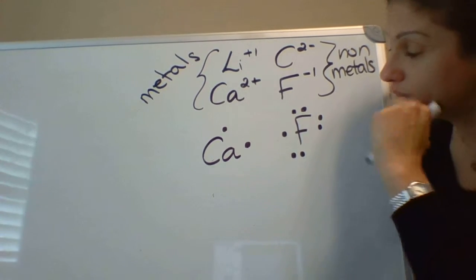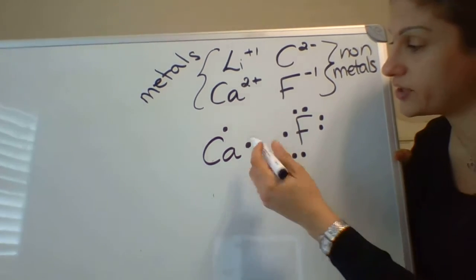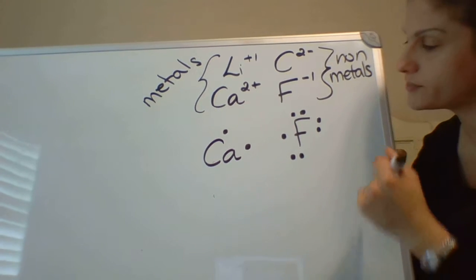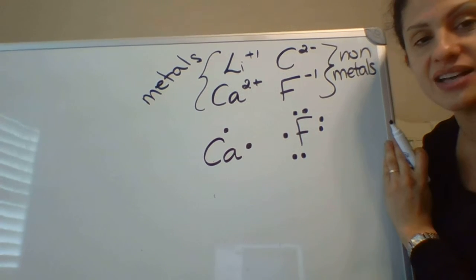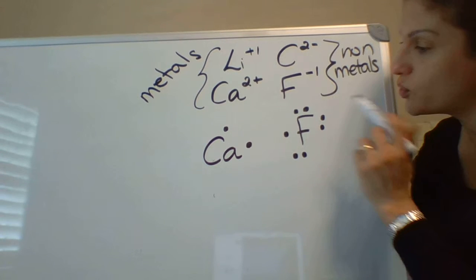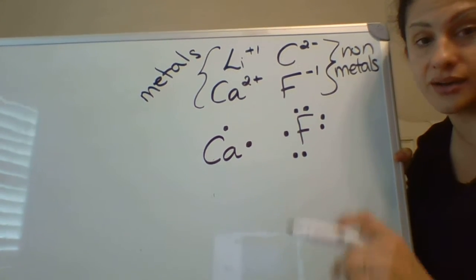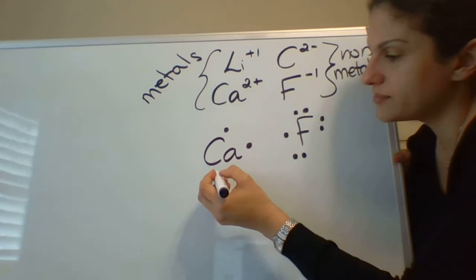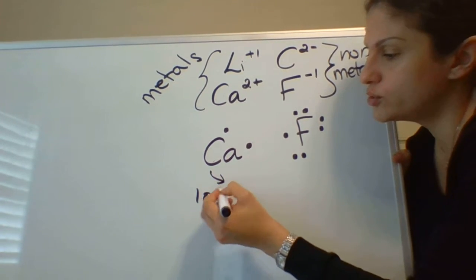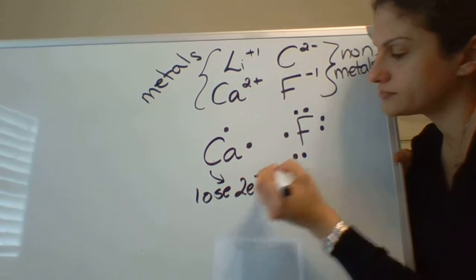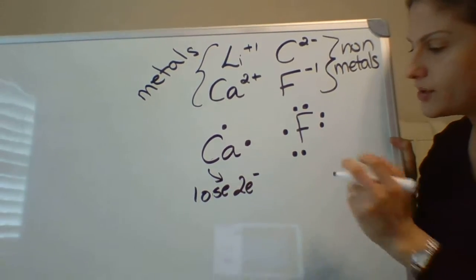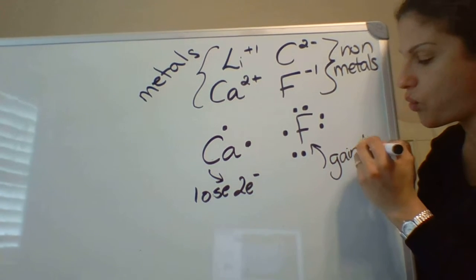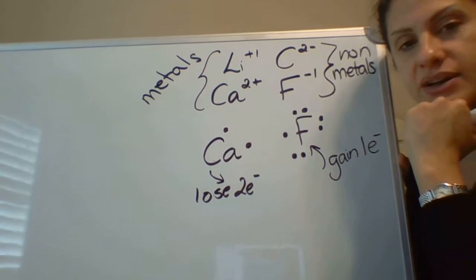Calcium would like to give up 2. Remember, it can either have a choice of giving up 2 or gaining 6. I'd rather give up 2. Fluorine, in order to achieve its ideal state of a full valence shell, would like to gain 1 electron, which is right there. There's a missing electron right there. So if calcium wants to lose 2 electrons, a fluorine atom would like to gain 1 electron.